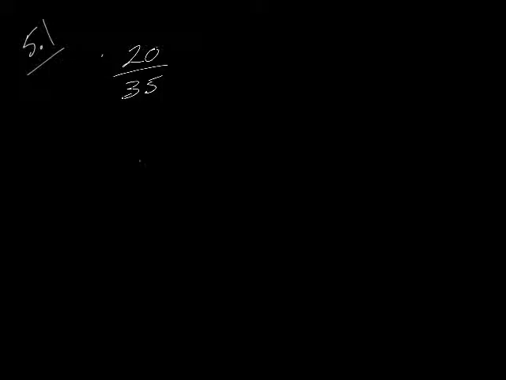Ratio means that you're comparing a couple things. So if this was the number of girls and this is the number of guys, that means for every 20 girls there were 35 guys. So there were 55 people total, 20 plus 35. So the ratio is 20 to 35, which means 20 for every 35.